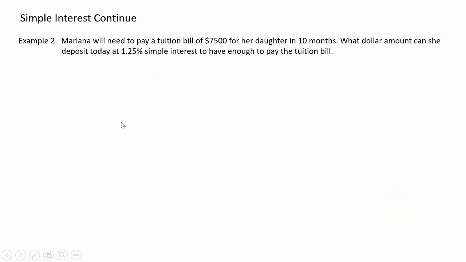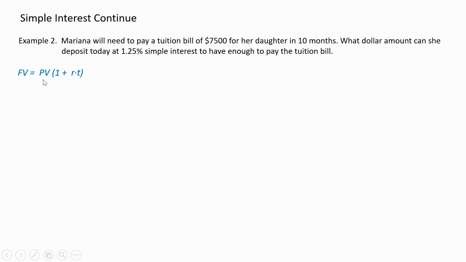Okay, now let's do another example. It says here, Mariana will need to pay a tuition bill of $7,500 for her daughter in 10 months. What dollar amount can she deposit today at 1.25% simple interest to have enough to pay the tuition? So let's see.